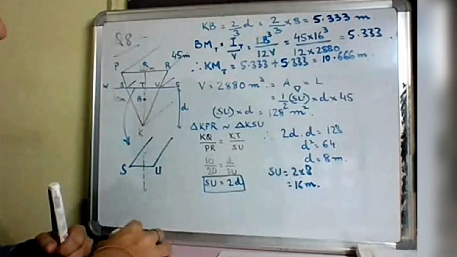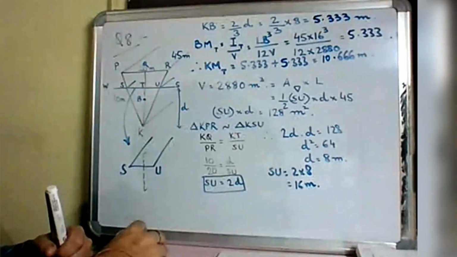That's right. For a triangle, it will be B square by 6D.